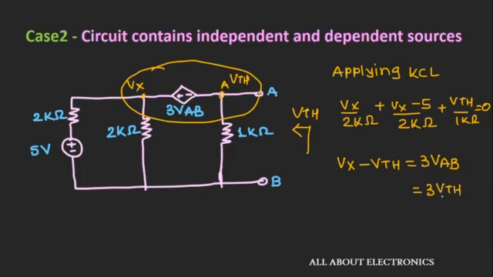So Vx minus Vth will become 3 Vth, and hence Vx is equal to 4 Vth.